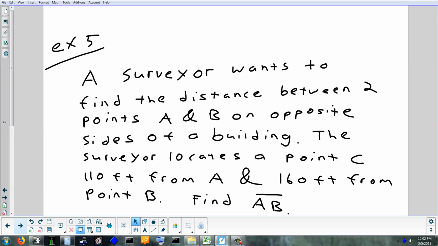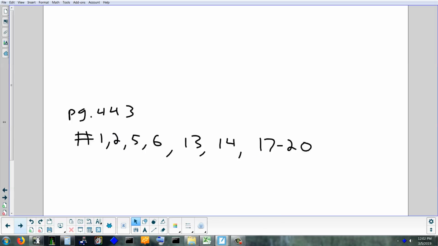So the only thing we didn't really finish was a word problem, which we can practice one tomorrow when we go over the homework. All right, so 1, 2, 5, 6.